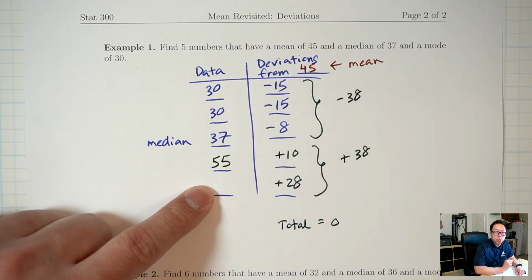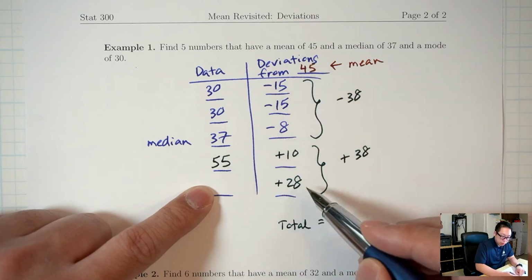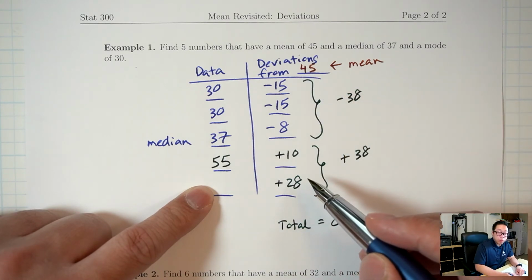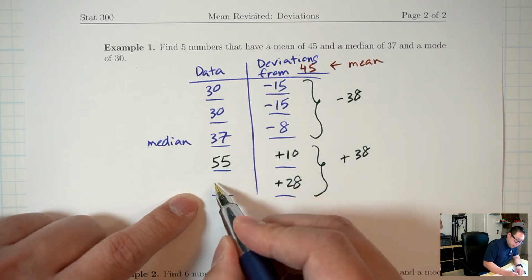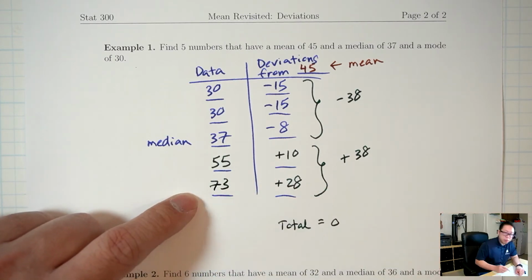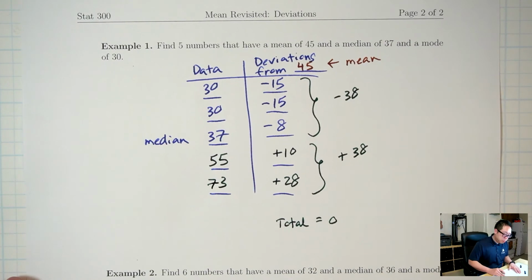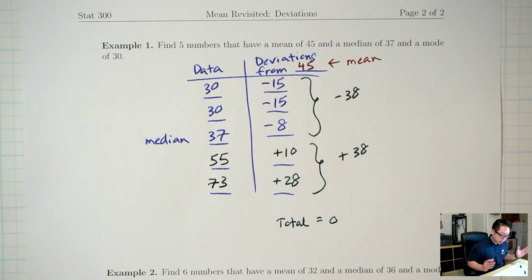What number is that? If you can't do it in your head, just go 45 plus 28, which is 73, I think. Use a calculator if you need to. All right, I think that's good.